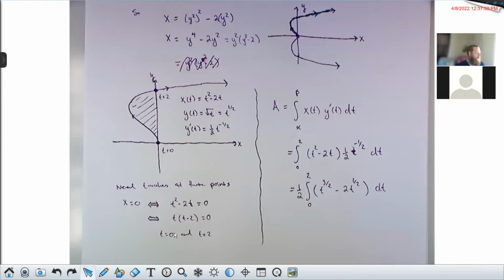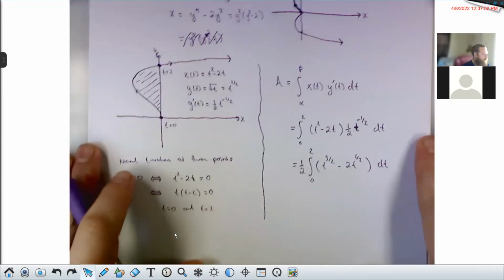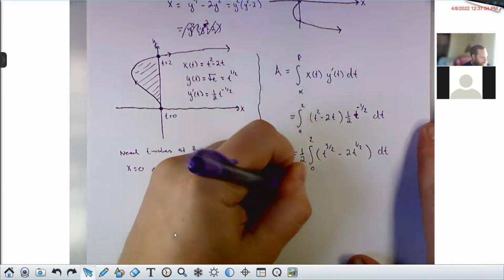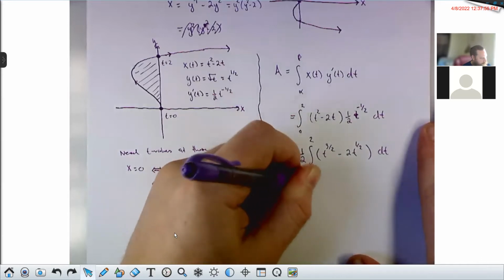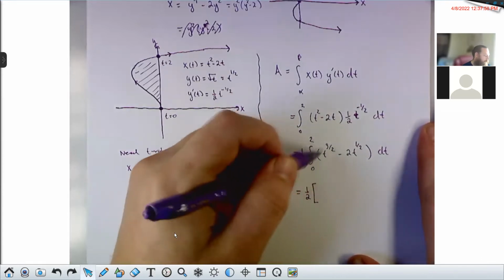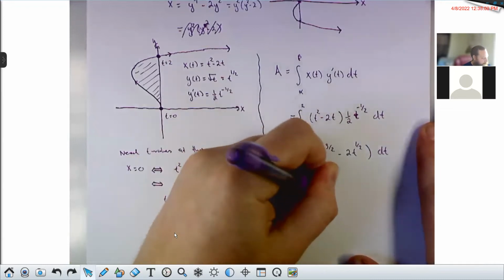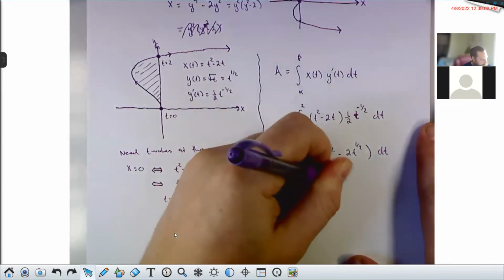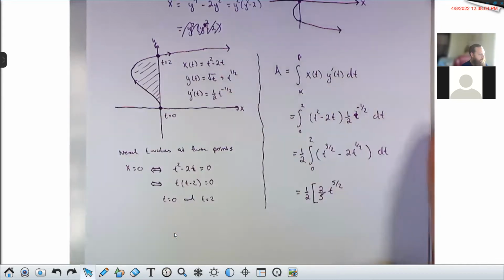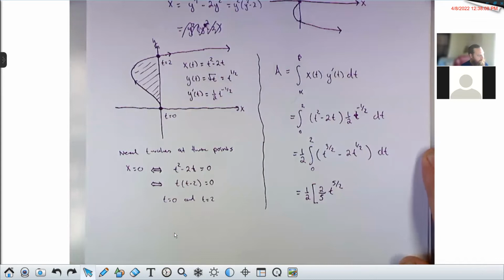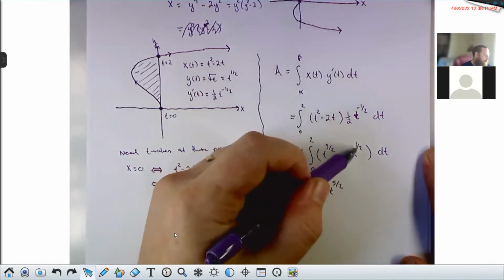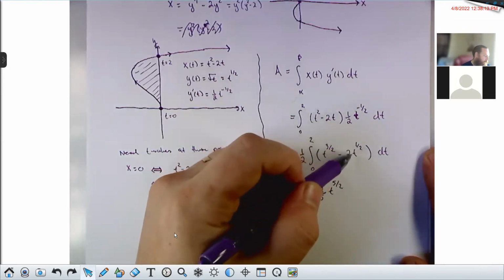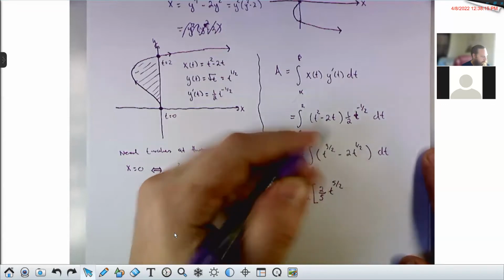And then we can apply our power rule. So 1/2 t to the 3/2 is going to become 2/5 t to the 5/2, adding 1 to the power and dividing by the new power. t to the 1/2 would become 2/3 t to the 3/2.